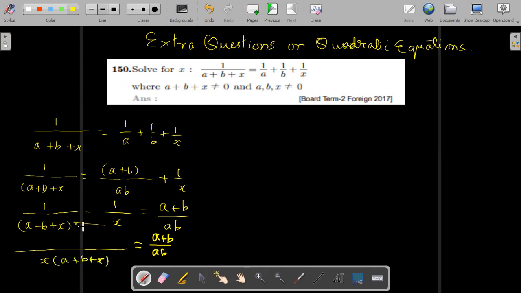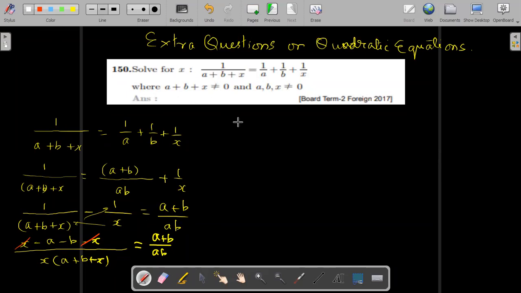This type of question you have to take LCM, like multiply denominator and cross multiply x with this one and this with this one. So x, when you multiply it will become x. And because of this minus, all will become minus a minus b minus x. Multiply is 1. And here this minus x plus x will cancel. Okay.